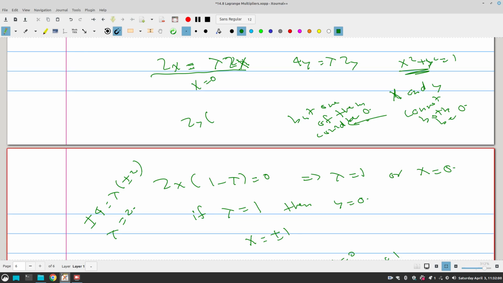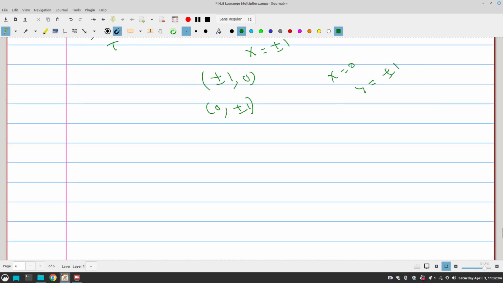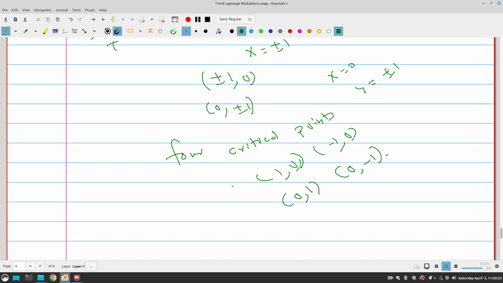So we found four critical points: 1 0, minus 1 0, 0 1, and 0 minus 1.